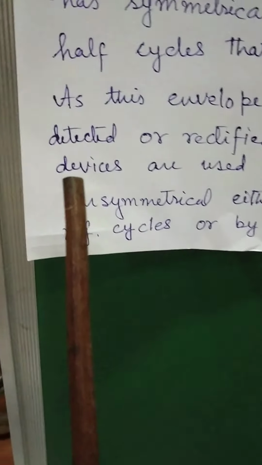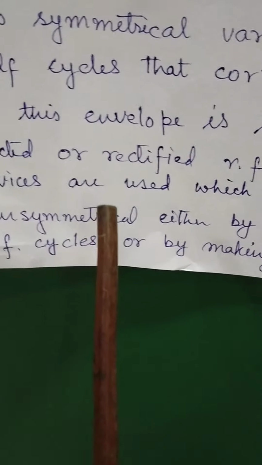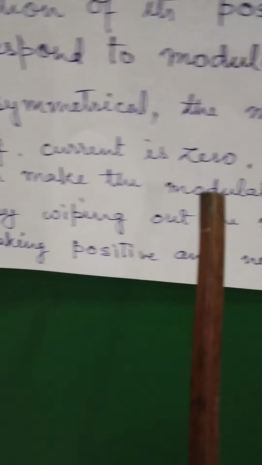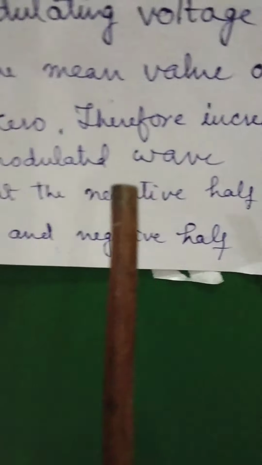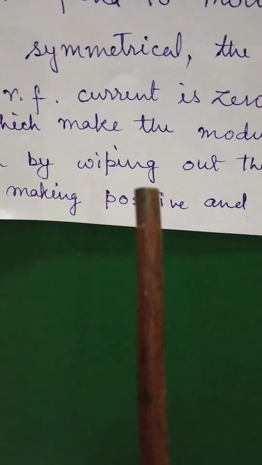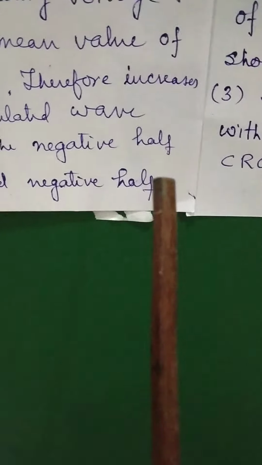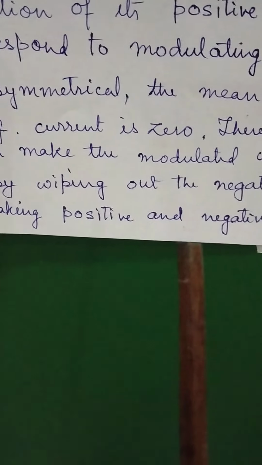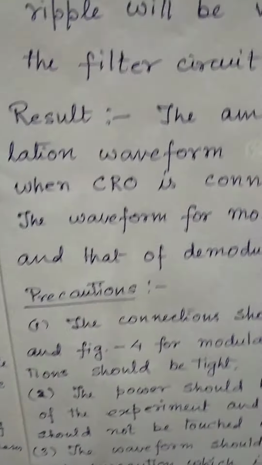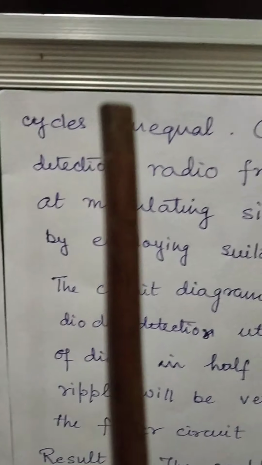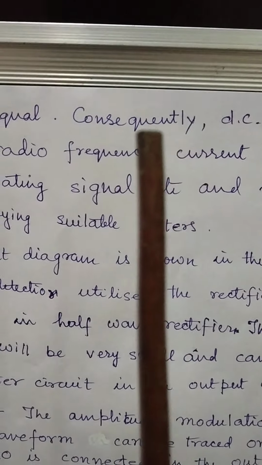Therefore, devices are used which make the modulated wave unsymmetrical, either by wiping out the negative half radio frequency cycles or by making positive and negative half cycles unequal.